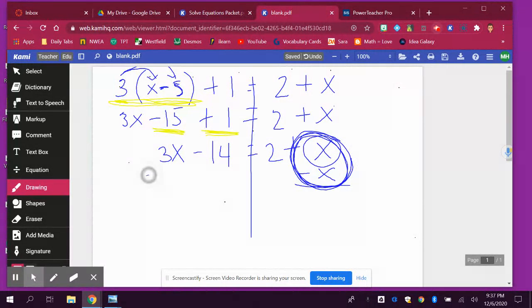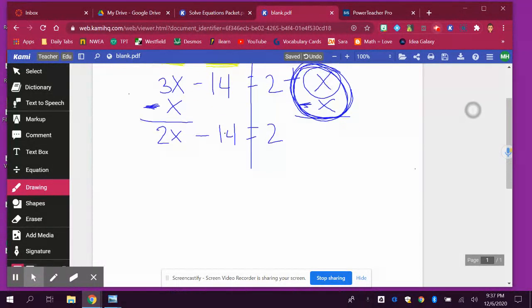Whatever I do to one side, I have to do to the other. So if I subtract x over here, I have to subtract x over here. 3x minus x gives me 2x. I'm going to bring down this minus 14, and this equals 2.